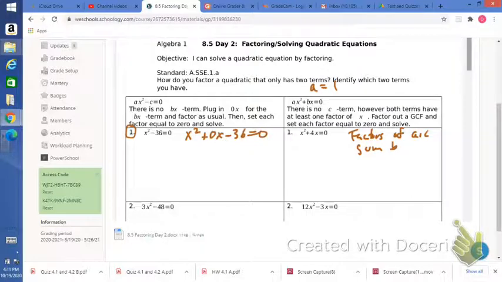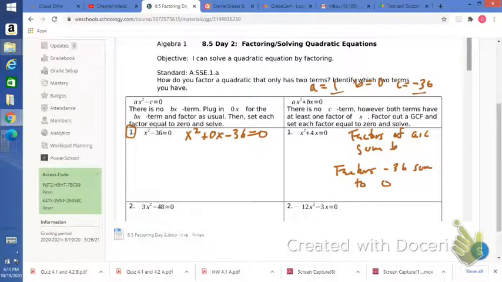It's not there, so it's 1. Our b is the coefficient in front of our x, so that's 0. And our c is the negative 36. So a times c, 1 times negative 36, so we want factors of negative 36 that sum to our b, which is 0.